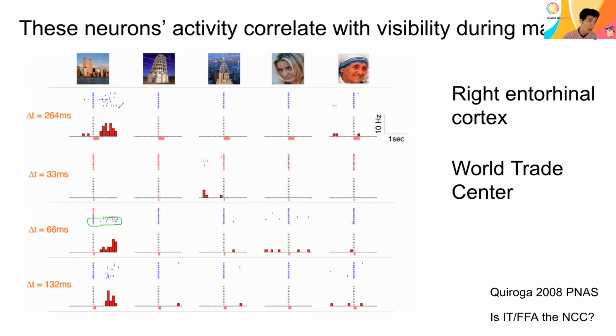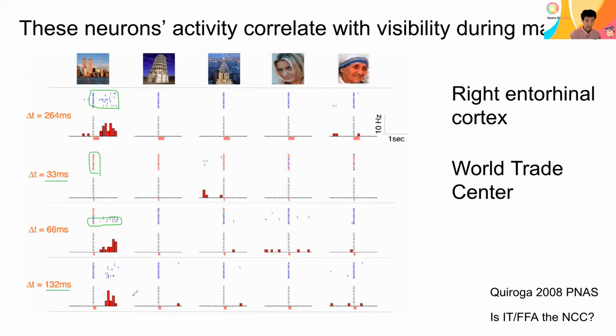And this blue mark, by the way, corresponds to the trials where they reported seeing the correct images. In the case of 33 milliseconds, he didn't recognize it in any trials. But here, in half the trials he recognized it, and the recognized trials generated a response, and so on for the 132 milliseconds.